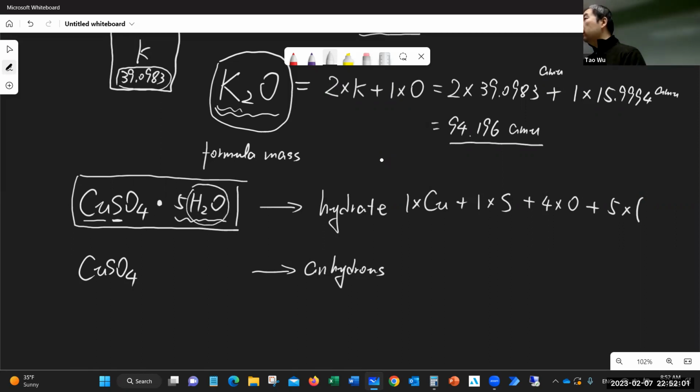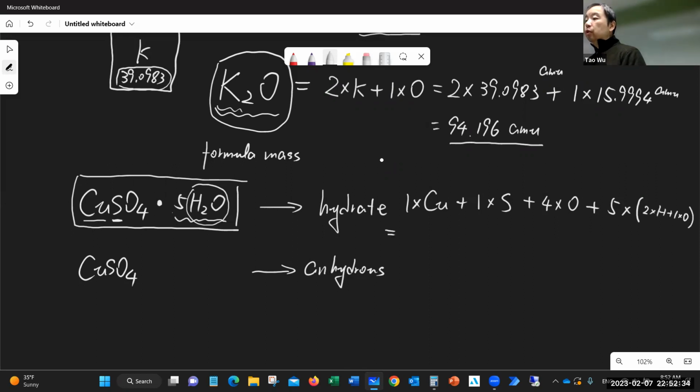Last time we talked about how we never write the number in front of the elements except when we have multiple of them. So the 5 here only shows we have 5 water molecules, and inside each water molecule we have 2 hydrogen and 1 oxygen.